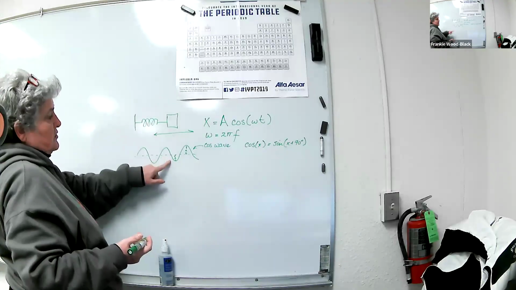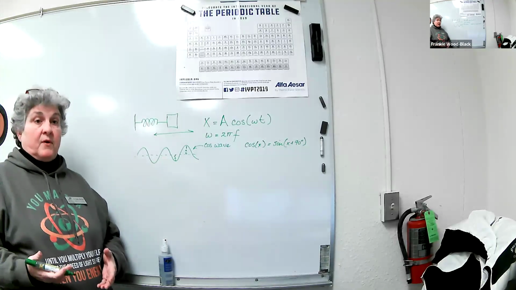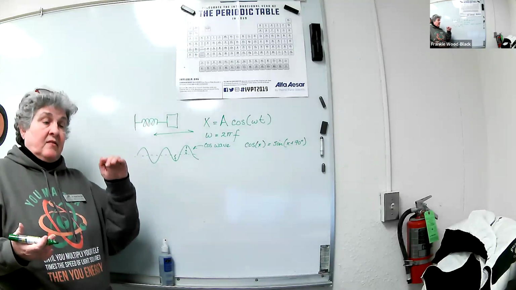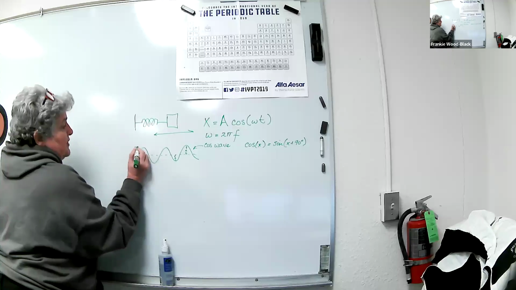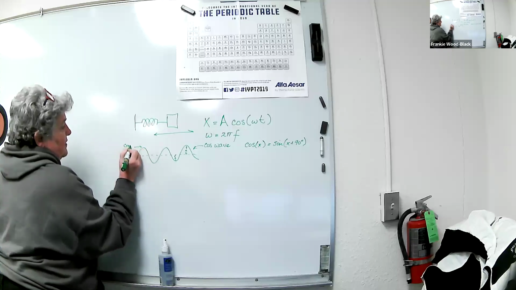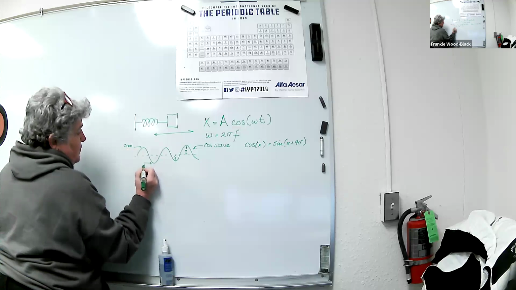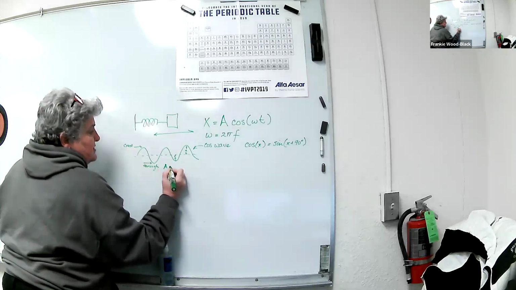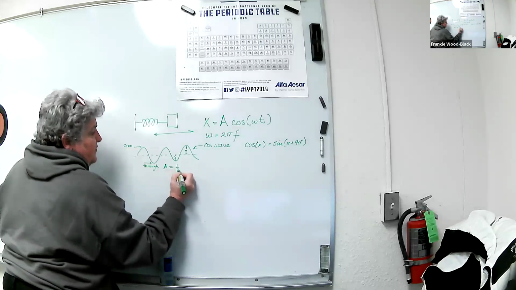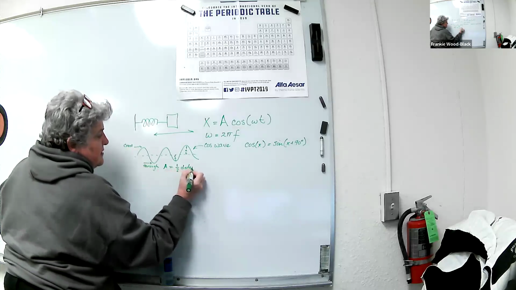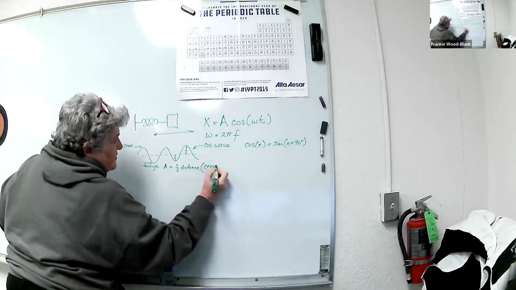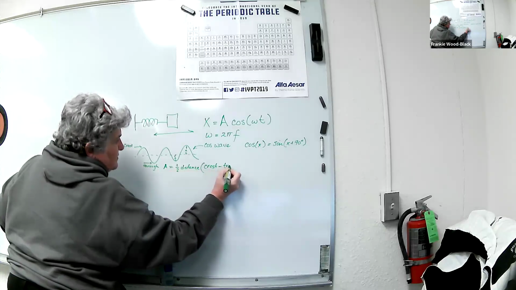And the amplitude goes from here. So if I'm thinking of a wave on water, I would say that if this is the crest of the wave, and this is the trough of the wave, the amplitude is going to equal 1/2 the distance between the crest minus the trough.